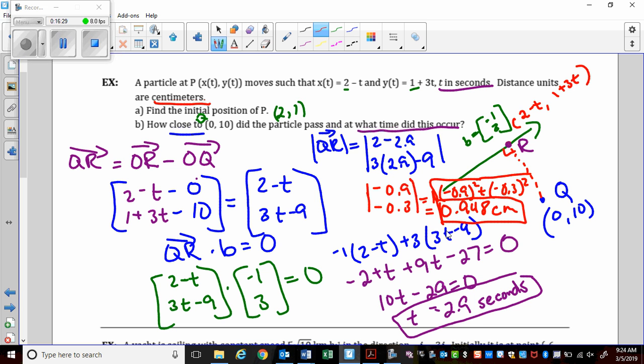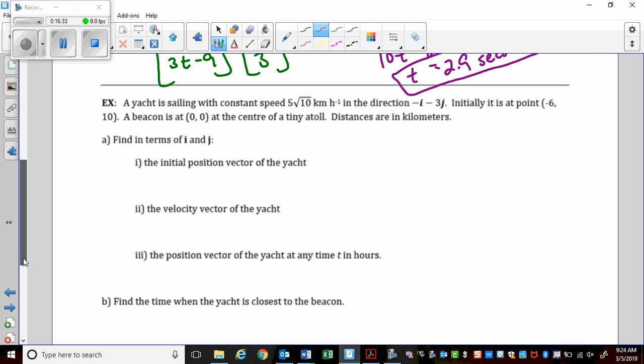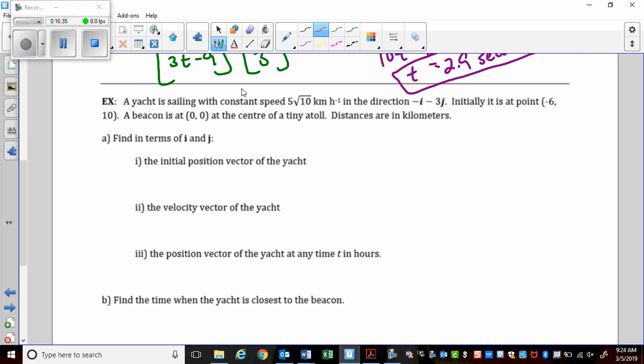All right, guys, what I want you guys to do is try this one. I'm going to help you set it up a little bit, but I want you to try it. It says a yacht, I want you to draw a picture, is sailing with a constant speed of 5 square root of 10 kilometers per hour in the direction of, this is my direction, initially its point is negative 6, 10. A beacon is at 0, 0 at the center of a tiny atoll.